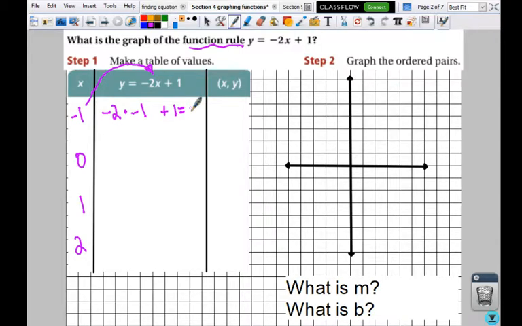So when I plug in -1 for x, I get 3 out of it. So my first column, I'm putting in my x's. My middle column is where I'm showing my work. And then this last column, I'm going to put the xy coordinate I'm going to graph. So I had -1 for my x, and then after I plug it in, I got 3 out of it. After I'm done doing all this other work, I'm going to graph the point -1, 3 on my graph.